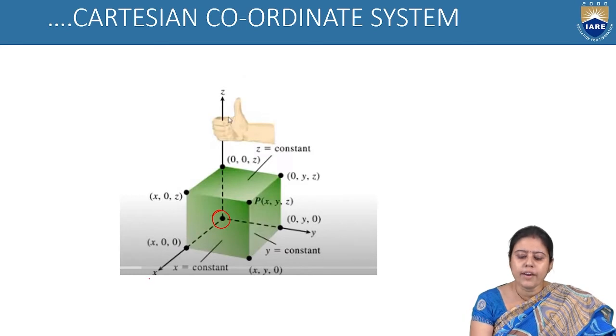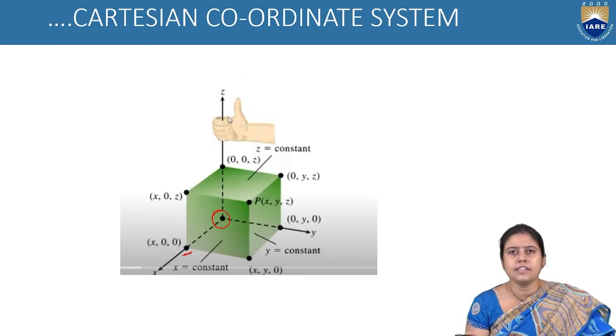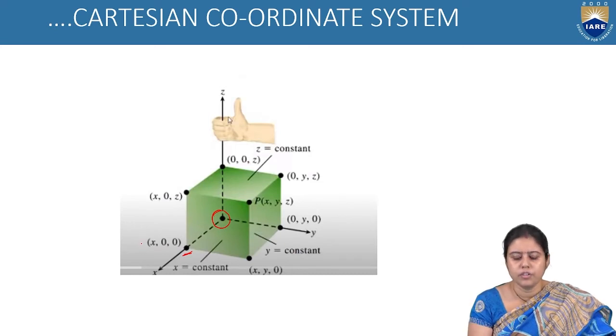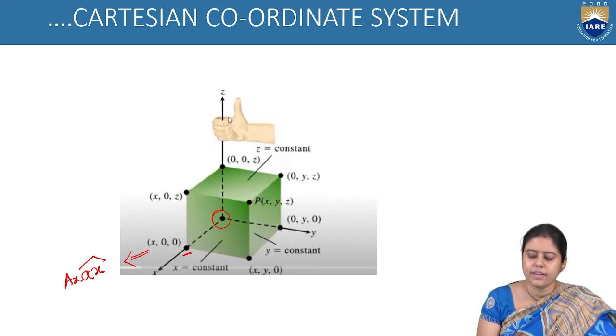If any point is on the x-axis, the coordinate will be x, 0, 0, and its position vector will be only x ax hat.